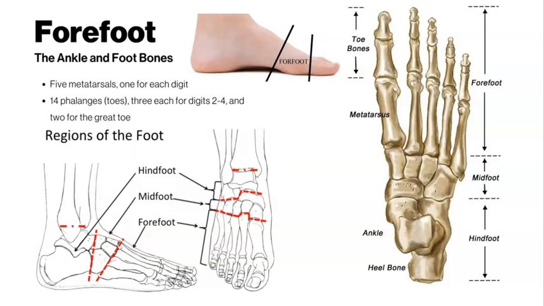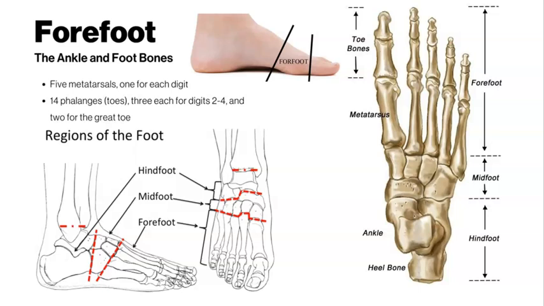The bony structure of the forefoot includes the metatarsals, which are 5 metatarsal bones, each corresponding to a toe. They are numbered from 1 to 5, starting medially with the first metatarsal, which is thicker and shorter, giving extra stability for bearing weight. And we have the phalanges.